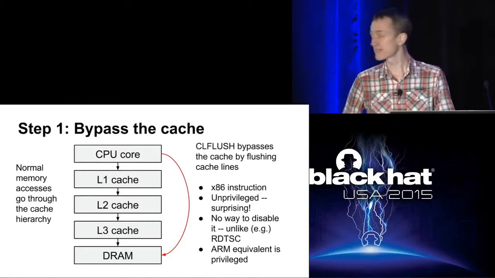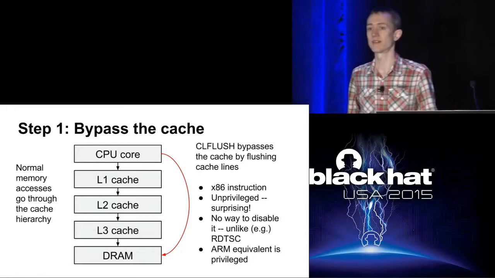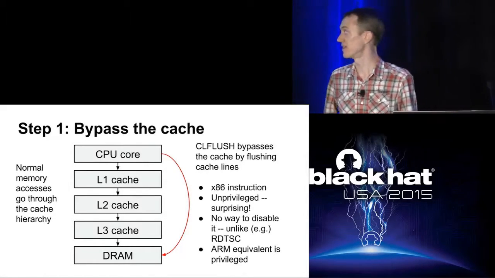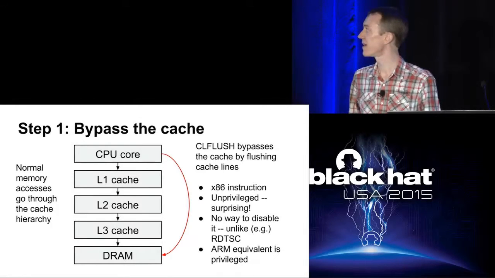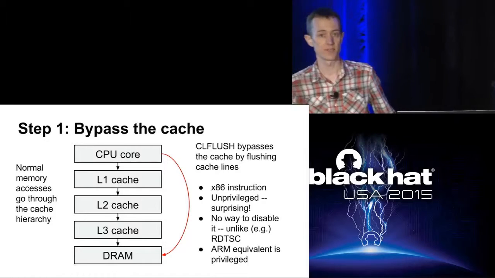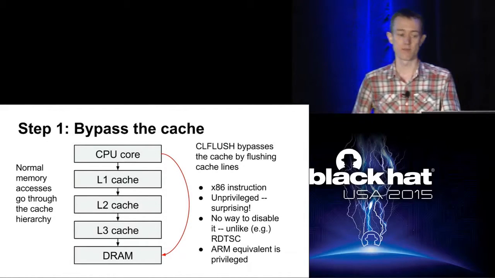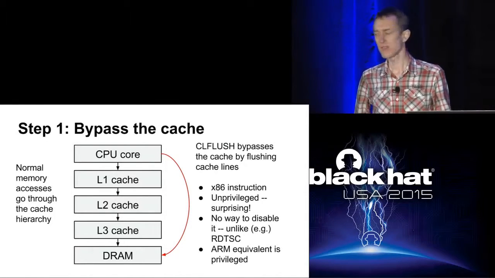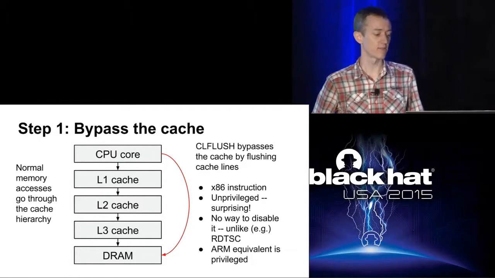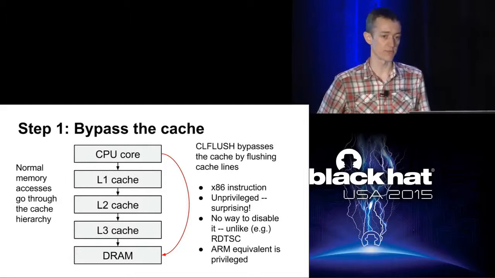And on an x86 machine, the simplest way to do that is to use the CLFLUSH instruction, which flushes a cache line. And interestingly, CLFLUSH is an unprivileged instruction, so any process can use it. And it actually can't be disabled, which is slightly surprising because on other architectures like ARM, the equivalent cache flush instruction is actually privileged.